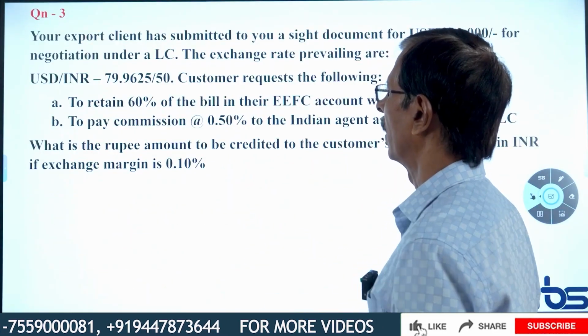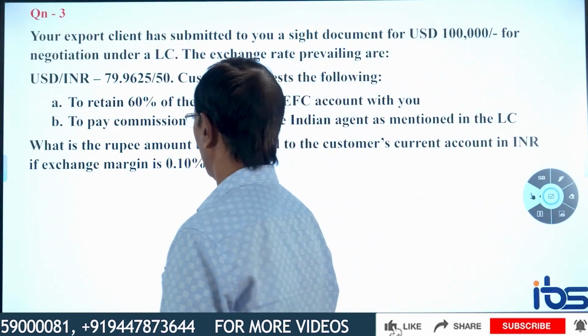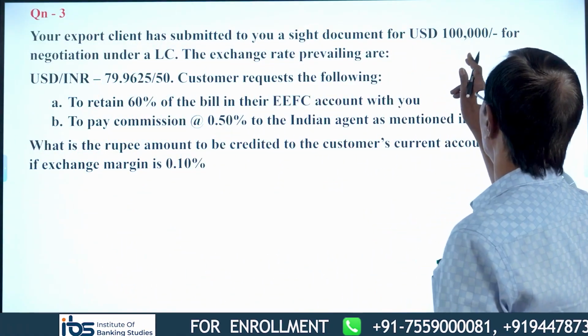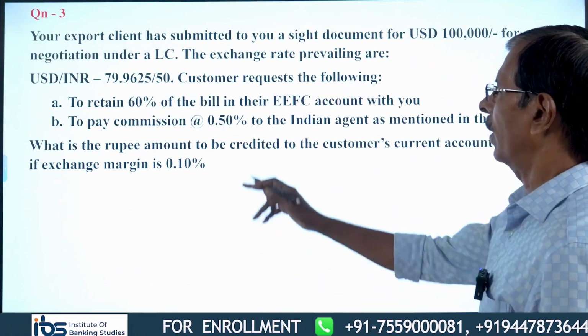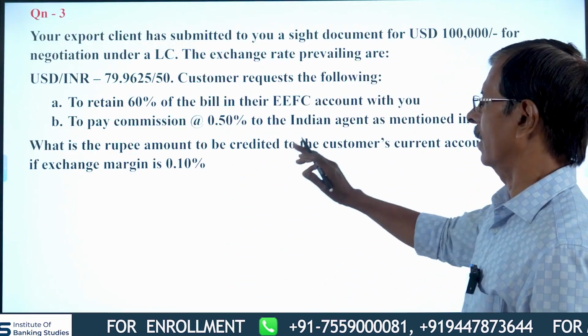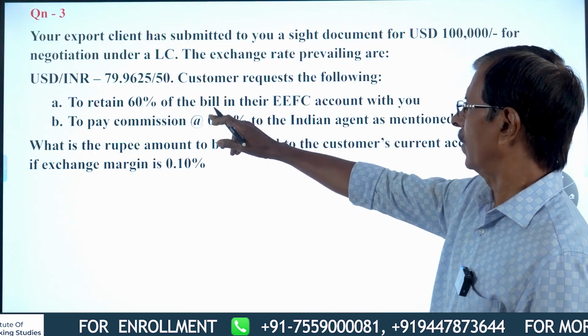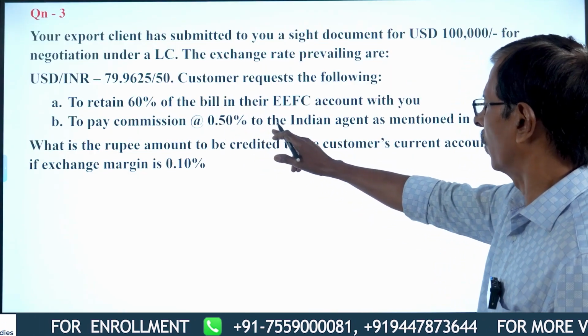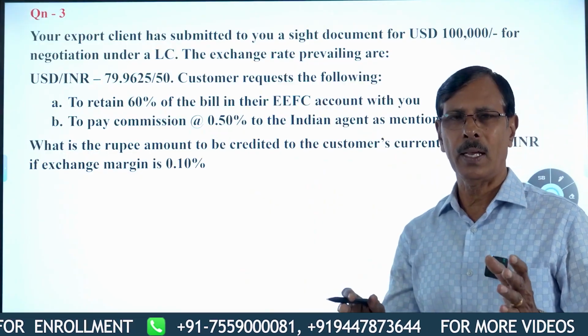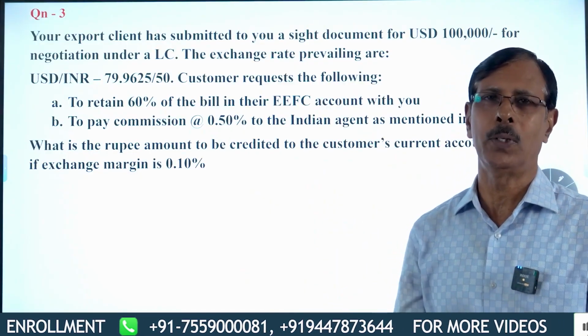Next question is, your export client has submitted you a sight document for USD 1 lakh for negotiation under letter of credit. The exchange rate prevailing is USD INR 79.962550. Here the customer is your exporter.